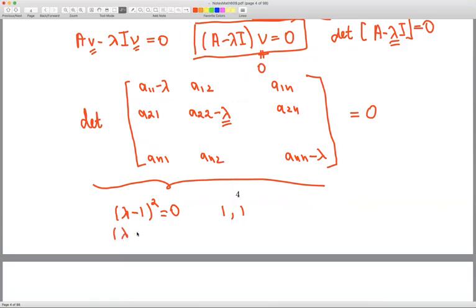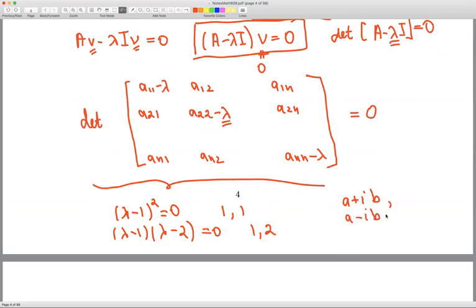Or we can have (lambda minus 1) times (lambda minus 2) equal to 0. This will have the two roots 1 and 2. Or if you have a quadratic polynomial, then the roots can be complex conjugate numbers, a plus ib and a minus ib.